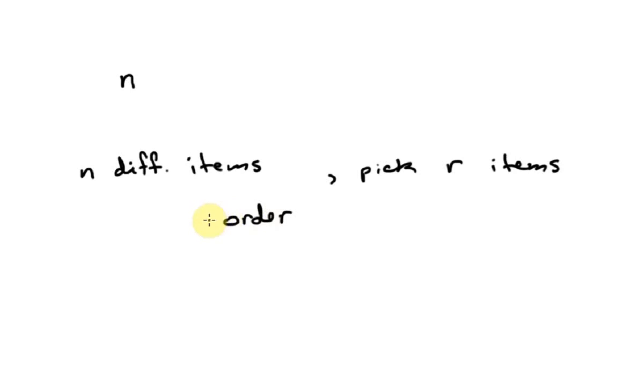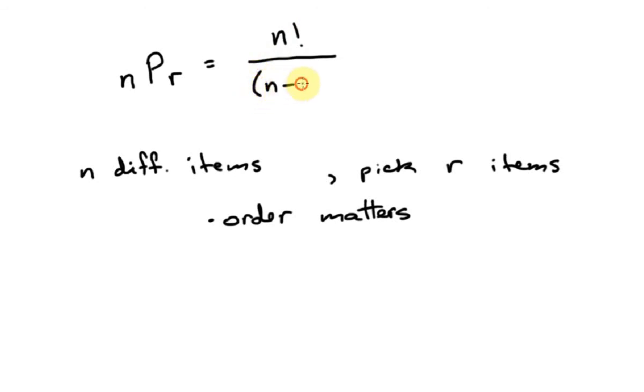If you have A, B, C, that's considered different from B, A, C, etc. So order matters. So here's what we have. We have a formula, n pick r, and it works like this. On the top is n factorial, and on the bottom it's (n minus r) factorial. Okay, and that's how you deal with these kinds of questions. All right, that's where I'm going to stop for now.